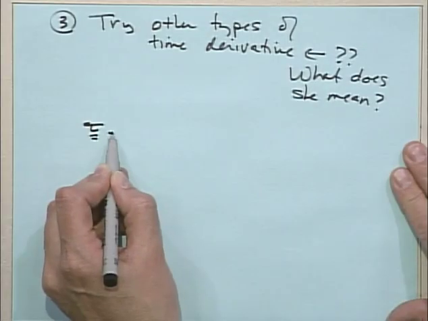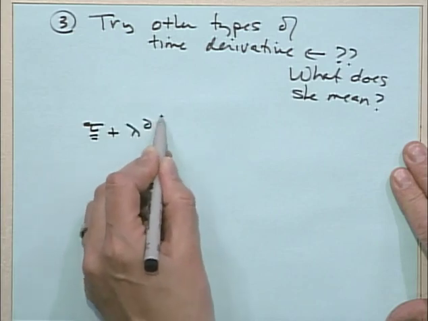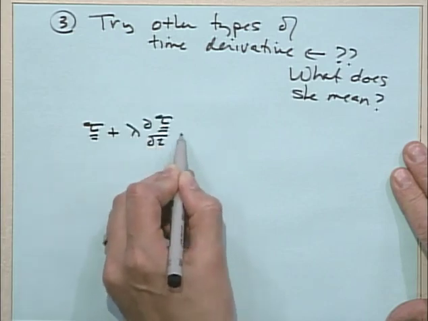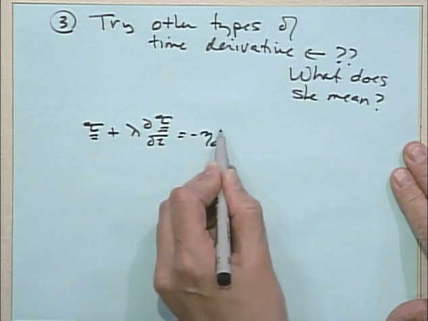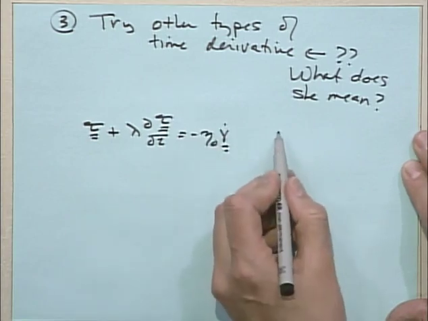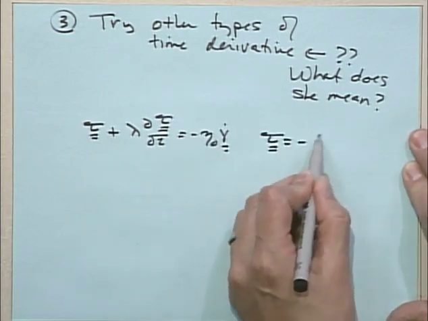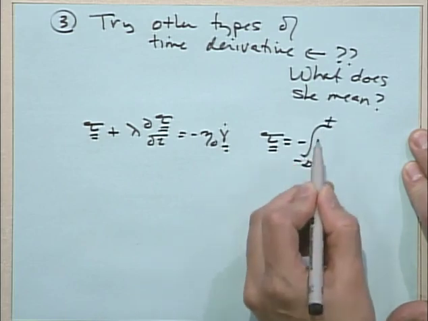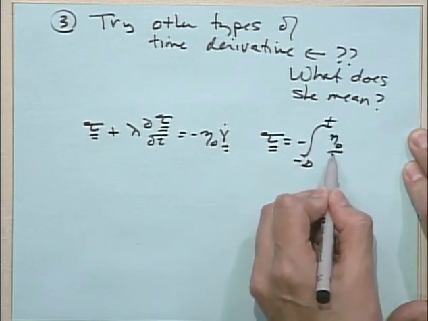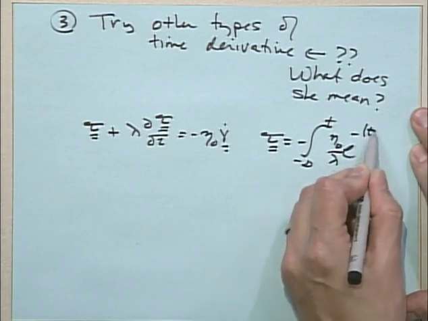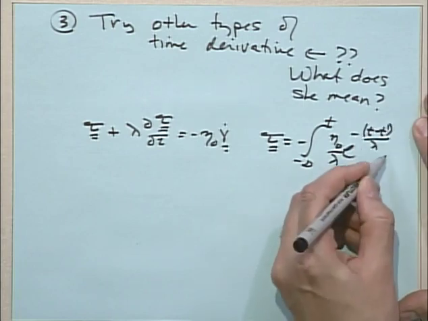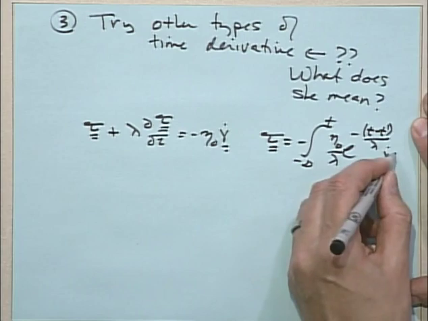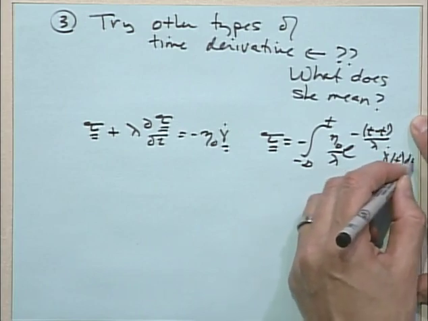So what I mean by that is the Maxwell model we started out with was tau plus lambda d tau dt equals minus eta naught gamma dot. And that became tau equals minus the integral from minus infinity to t of eta over lambda e to the minus t prime over lambda gamma dot t prime dt prime.